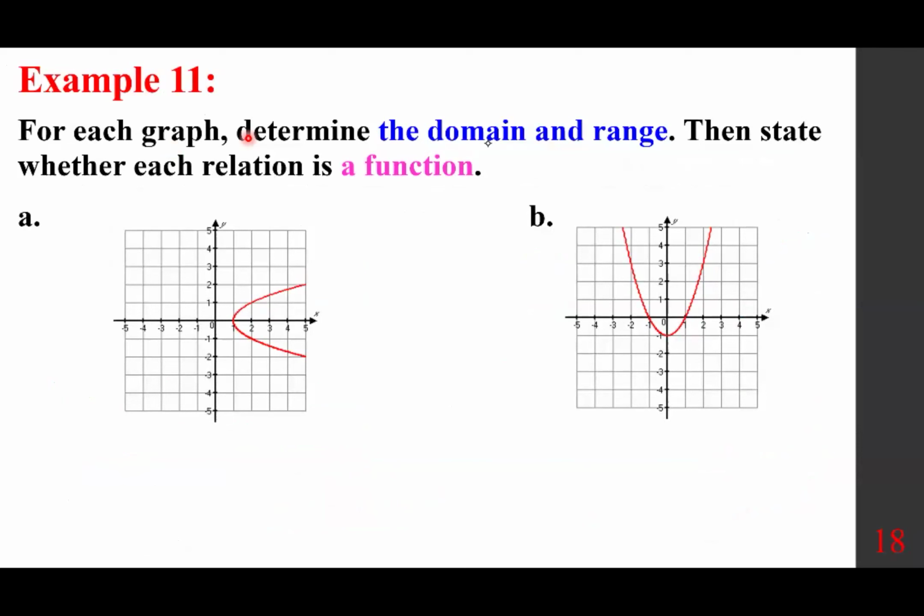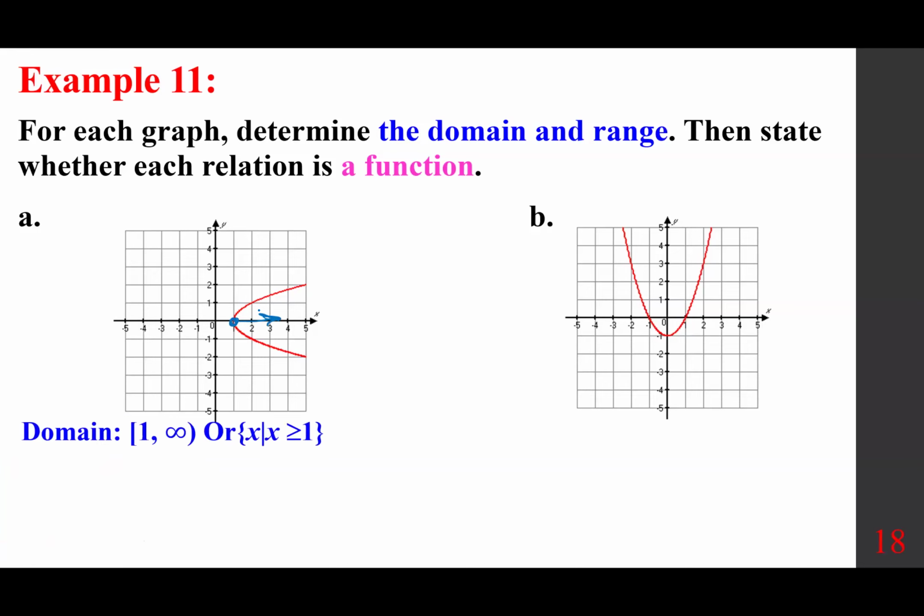For each graph, determine the domain and range, then state whether each relation is a function. So when we look at this one, the domain, so basically you start from here and you go to infinity. So from 1 to infinity, going this way.